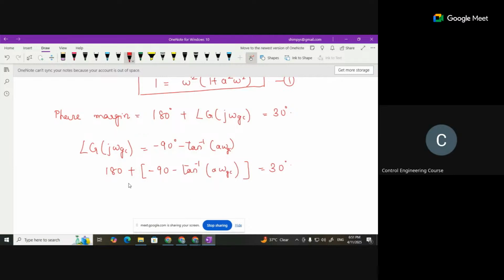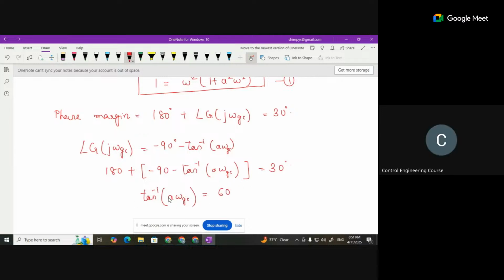So if you solve it, what you will get for tan inverse A omega at gain crossover frequency? 60 degree.